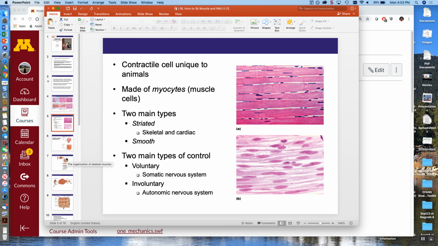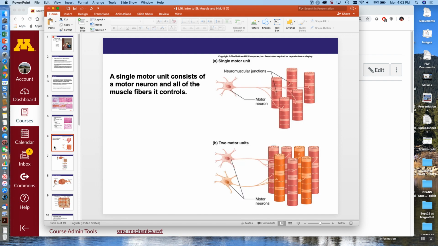There's 2 main types of control, voluntary and involuntary. Voluntary, you're controlling, this is the somatic nervous system, motor neurons, and muscle. Involuntary are the autonomic nervous system, okay? So that sympathetic or parasympathetic surge that you get, that's going to have effects on heart rate, as we've already seen, heart rate and stroke volume. All right, so let's get to the nitty-gritty.